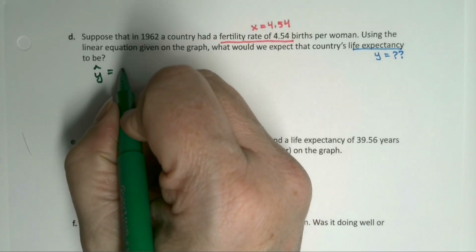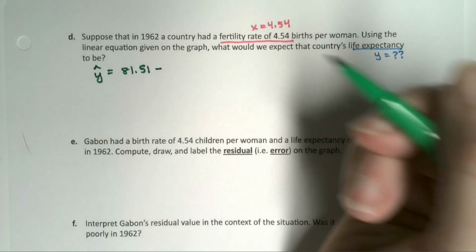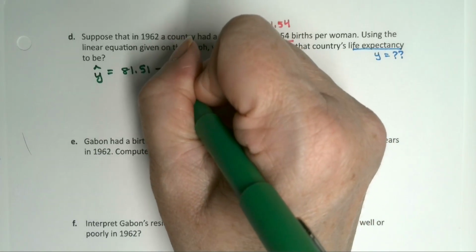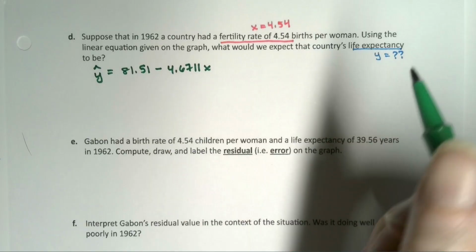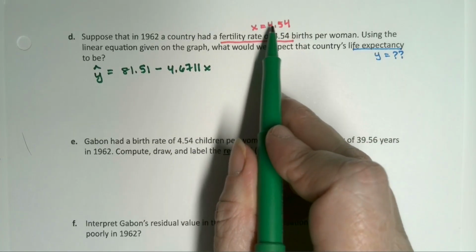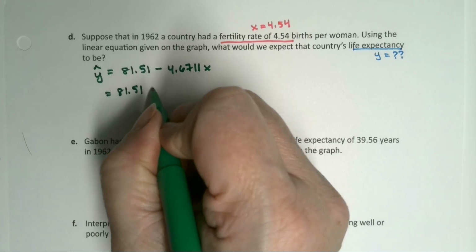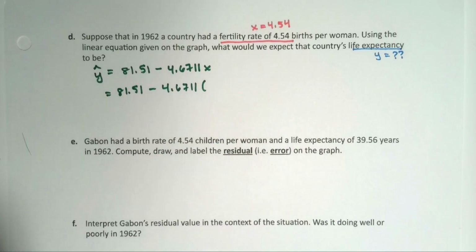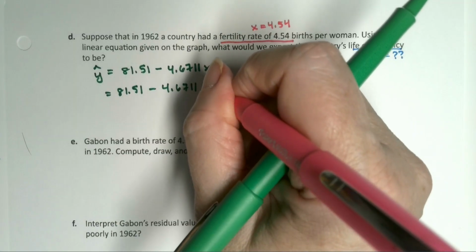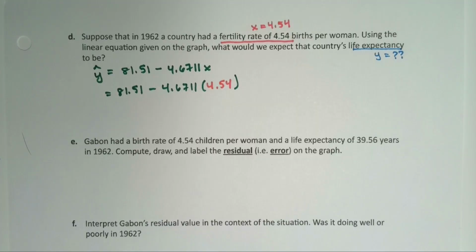So y hat equals 81.51 minus 4.6711 x. So what we're going to do is put this value in for x. So we're going to say 81.51 minus 4.6711 times 4.54. We're substituting that value in for x.